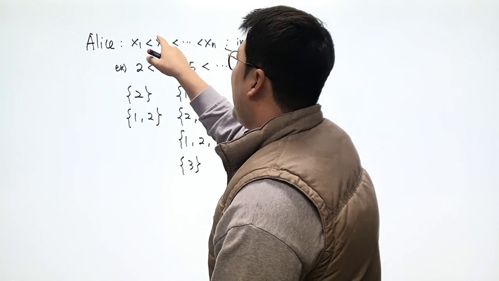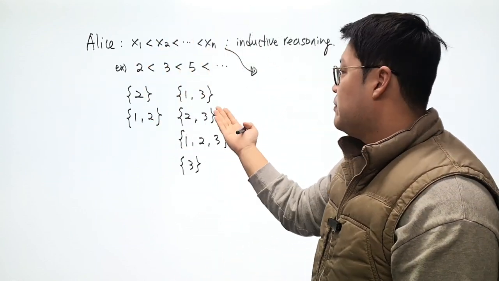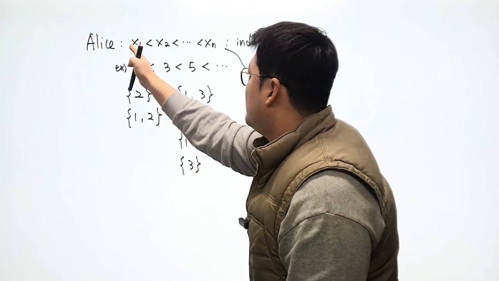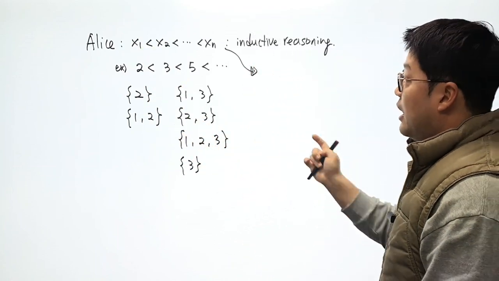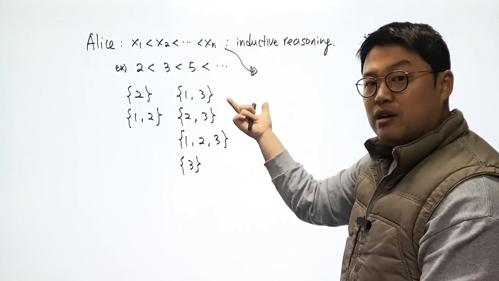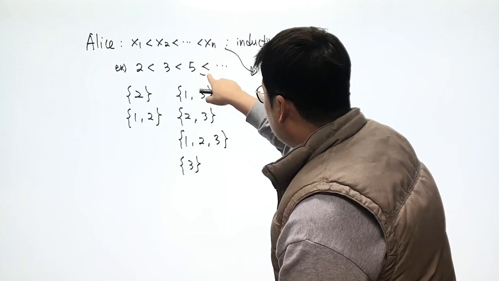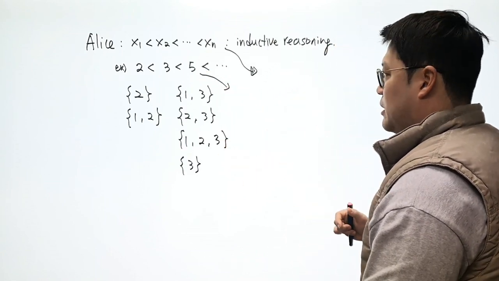So for instance, if X1 is certain numbers, let's say 2 or 3 or 4, it's gonna be 2 to the power of X1 minus 1, right? And of course, X2 might be just 1 bigger than X1, or maybe 2 bigger than X1 or the previous numbers, but we got to make another observation for the third number.